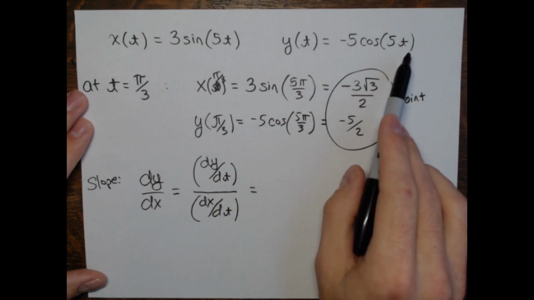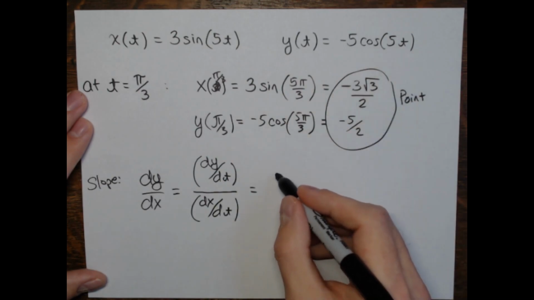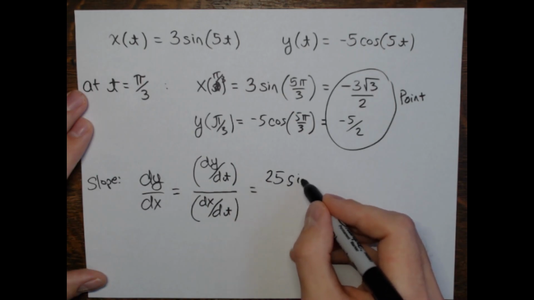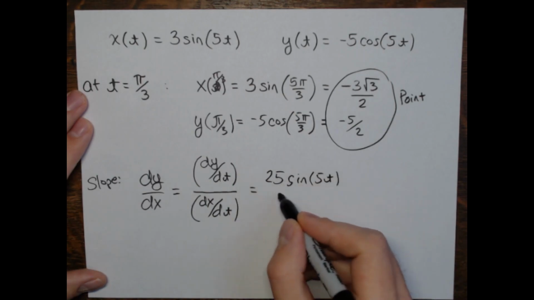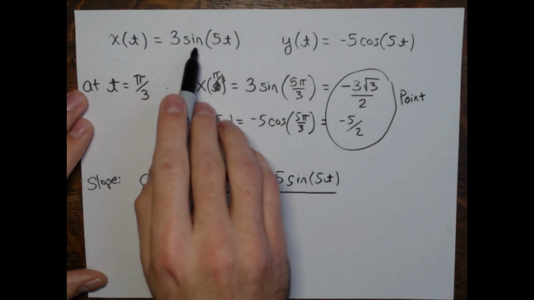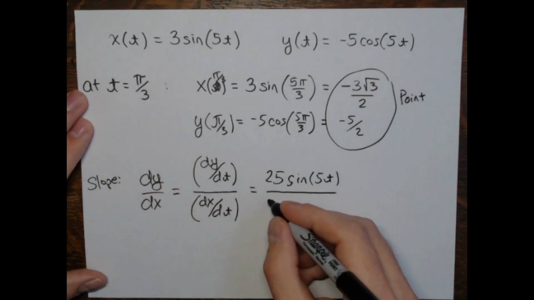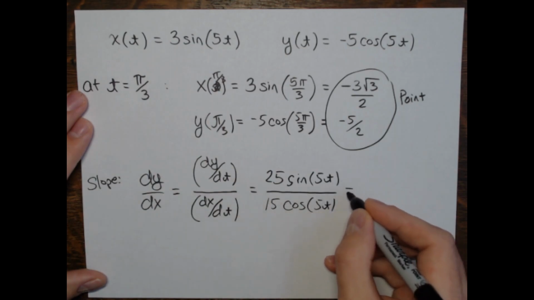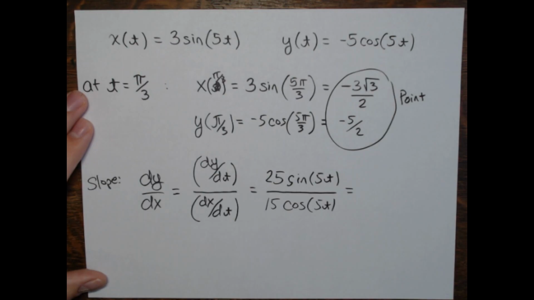Dy dt would be positive 25 times the sine of 5t, divided by dx dt, which would be 15 cosine of 5t. And very similar to ones we've seen before, this will be some multiple of the tangent of 5t, right?